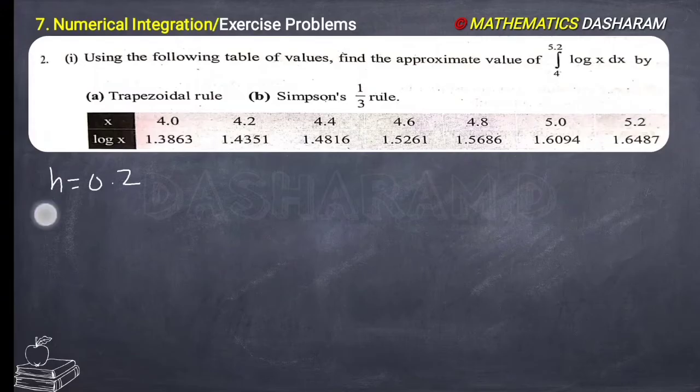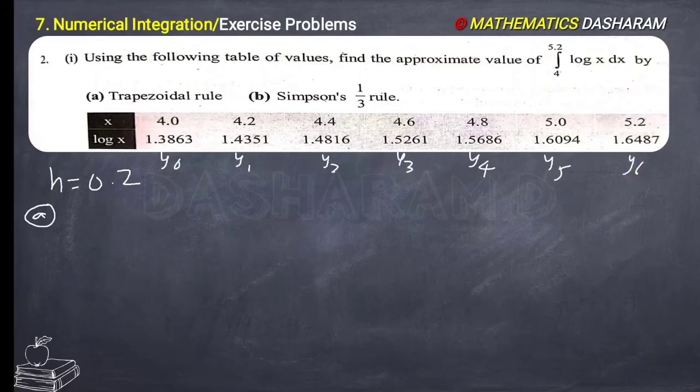Now question number a: using the trapezoidal rule, let us find the integration of 4 to 5.2 log x dx. But before that, here the log x values are given. Denote this as y0, this is y1, this is y2, this is y3, y4, y5, y6.